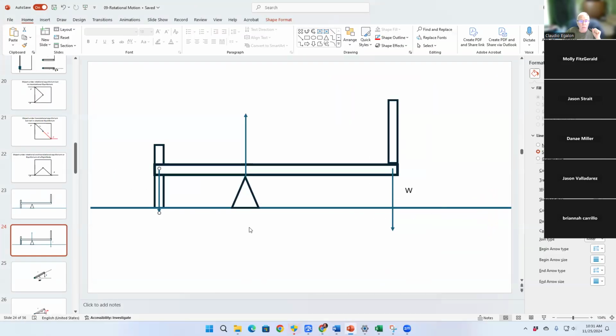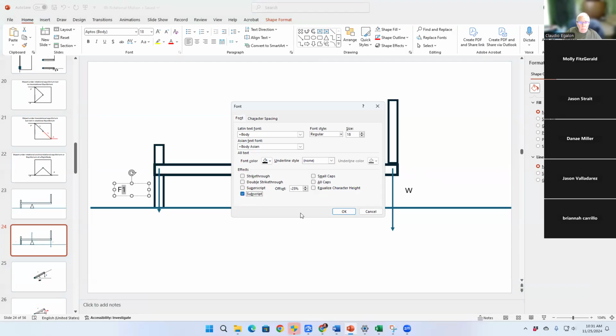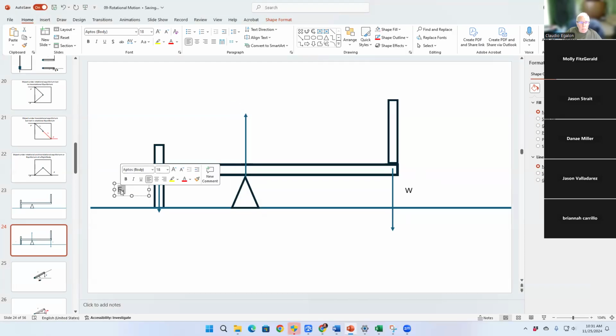So here you go, bolt, here is F1 on the left side. And here is F2 on the middle of the board.